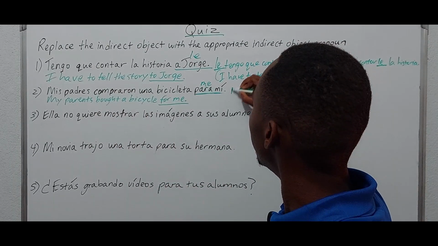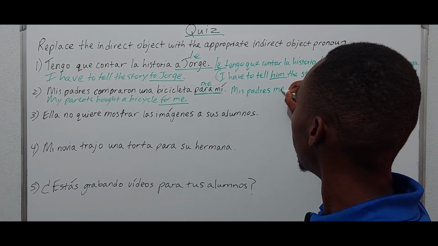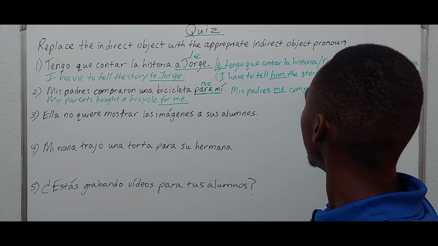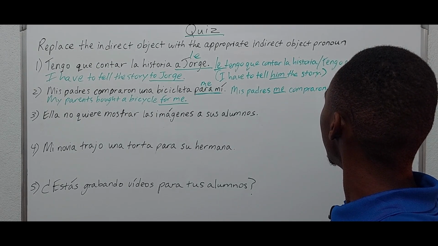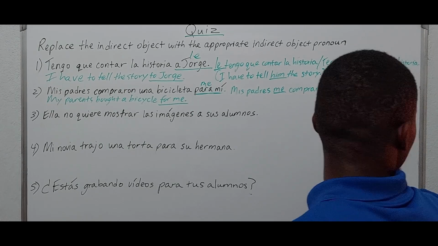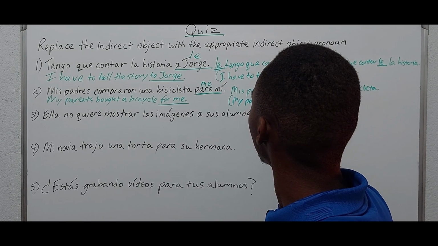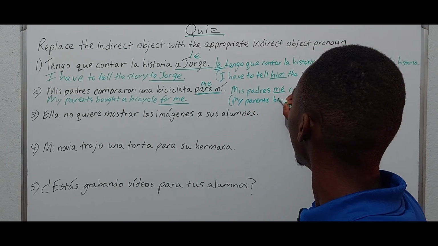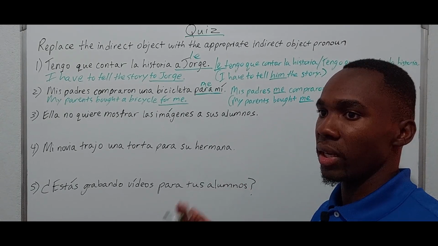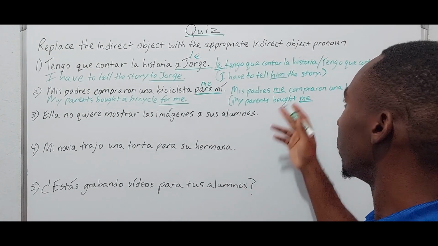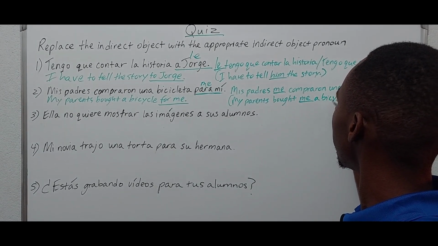So, mis padres me compraron una bicicleta. Right? So, my parents bought a bicycle for me, but this is shortening it up. But it bought me a bicycle.